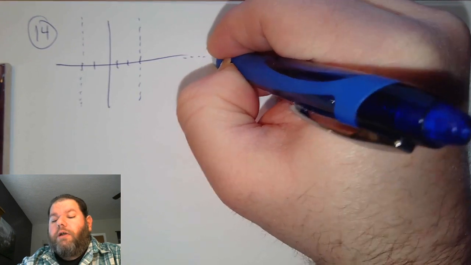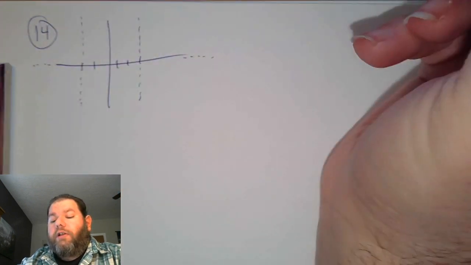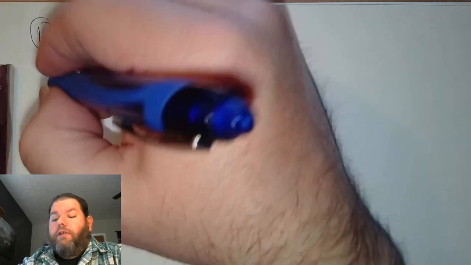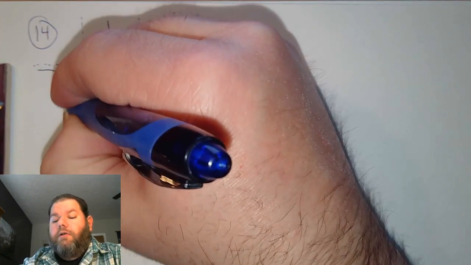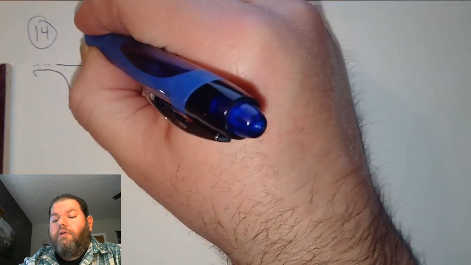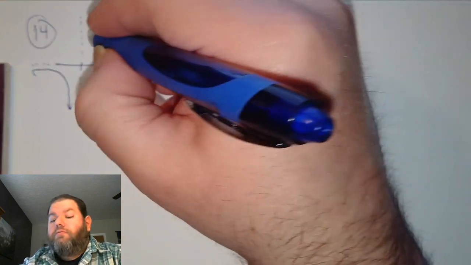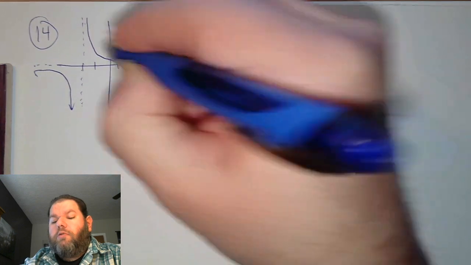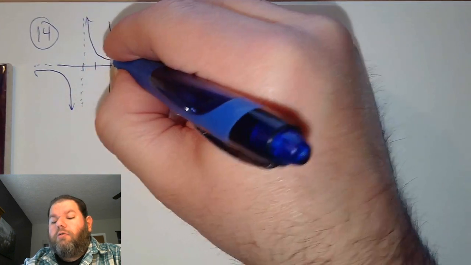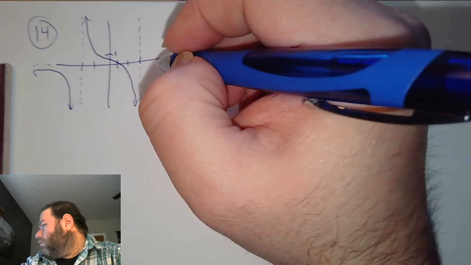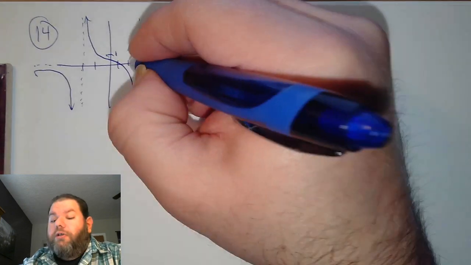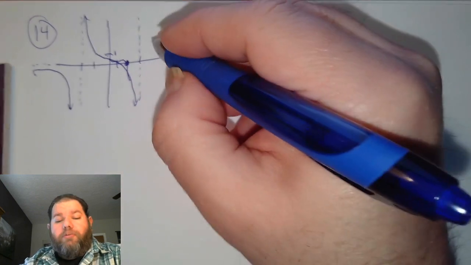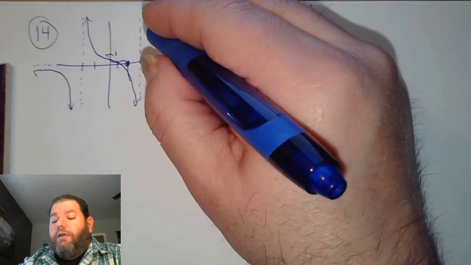And the x-axis is the horizontal asymptote. So fill in the graph here. Actually, it looks like it goes through this coordinate 2 right here. That should be helpful.